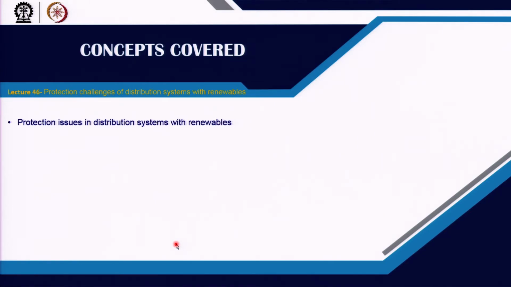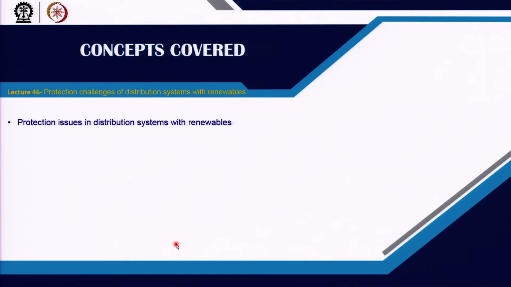In the last lecture, we have seen that renewables in the form of photovoltaic, wind and others are being integrated to the network using inverters and transformer arrangements.